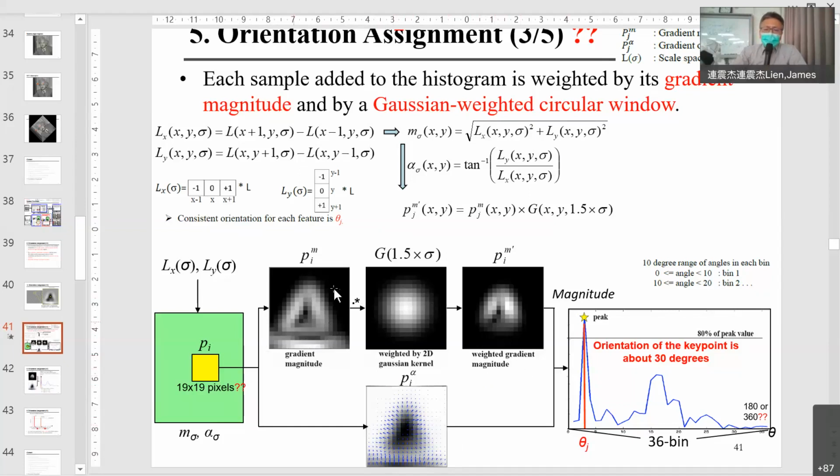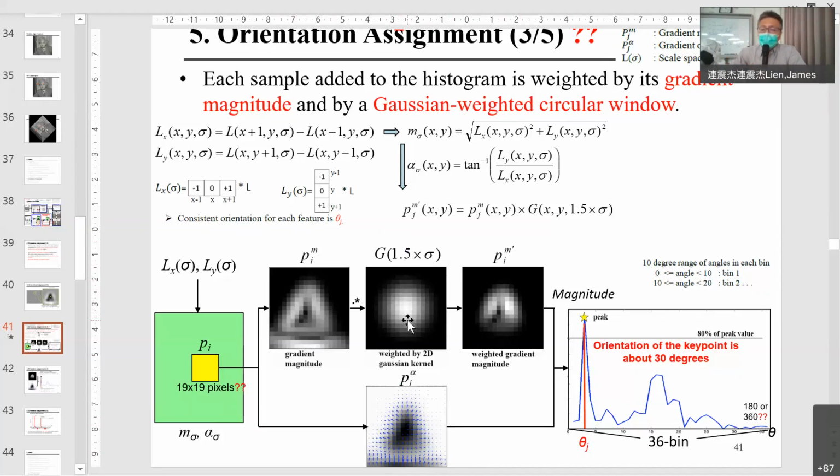Here, you want to put the weighting here. This is a technique. 这是技术哦。它的经验就是你把这个19 by 19 patch, you put a Gaussian weight here.